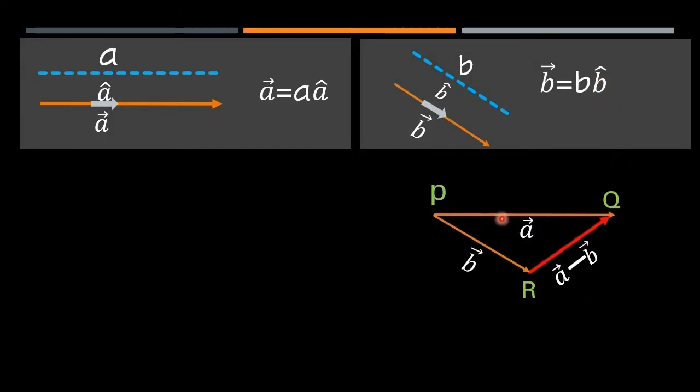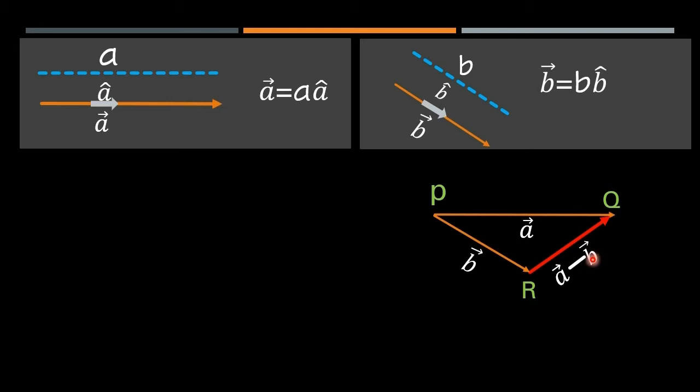Here PQ is a vector which has the same length and the same direction as vector A. Therefore, PQ vector is denoted by vector A. Similarly, PR vector is denoted by vector B. Now, this RQ vector is denoted by vector A minus vector B.